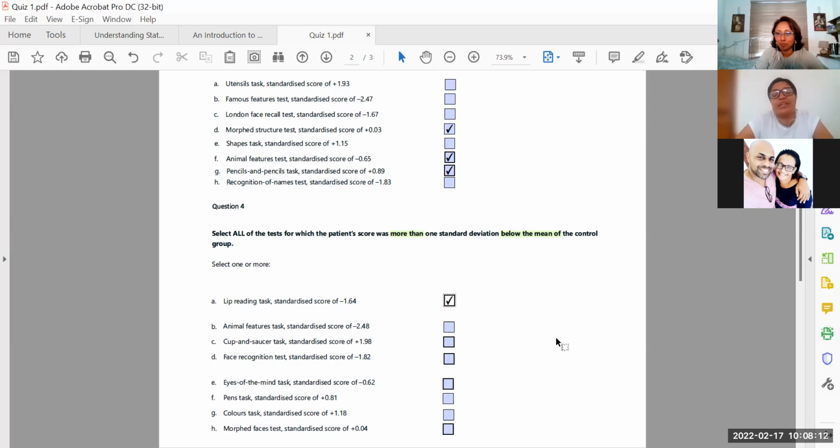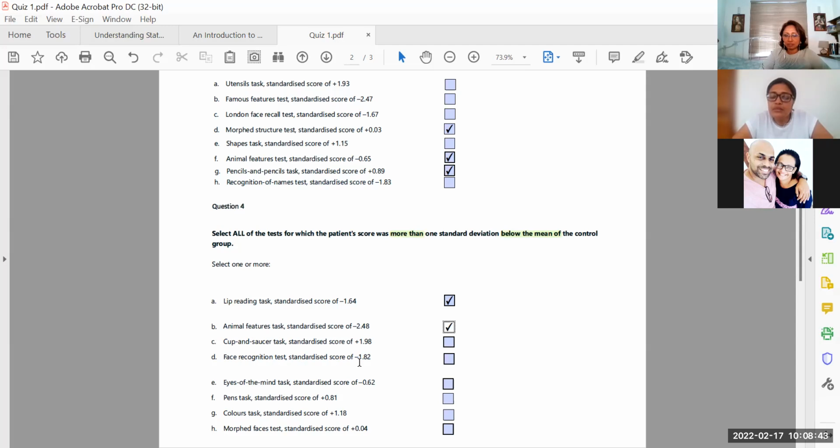We are not looking for the within, it's below the mean. That's why the words are important, isn't it? Plus 1.98, we know that it's above the mean, 1.98 standard deviations above. So that doesn't come here. It's not part of our answer.